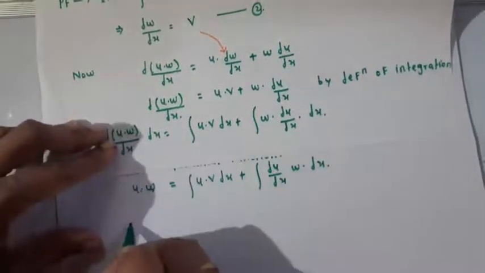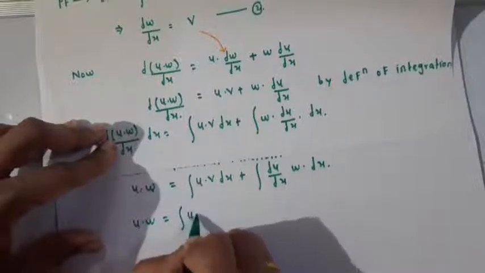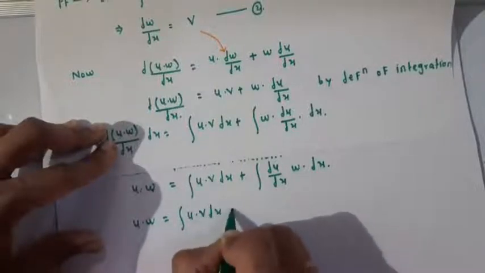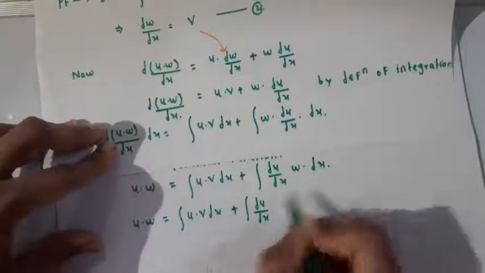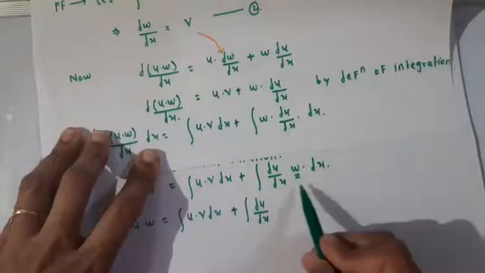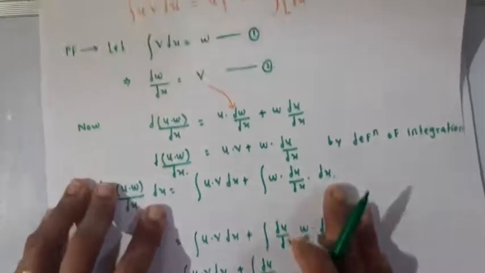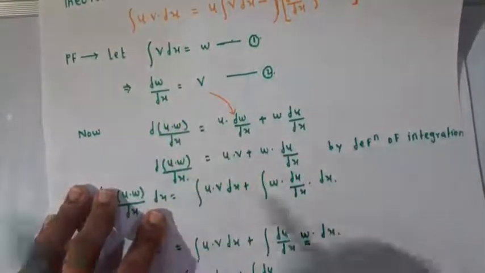Okay students, now u into w equals the integration of u into v with respect to x plus the integration of w du by dx. But see students, put the value of w. What is the value of w? From 1, w equals the integration of v dx.